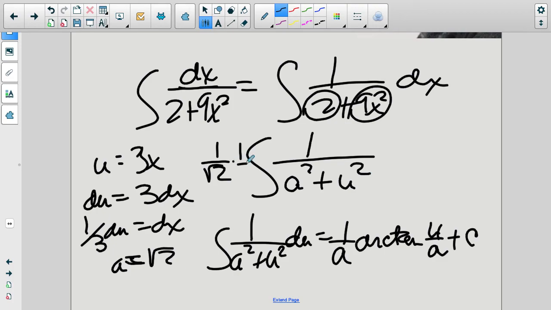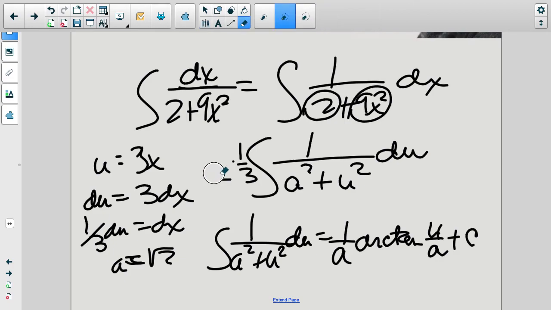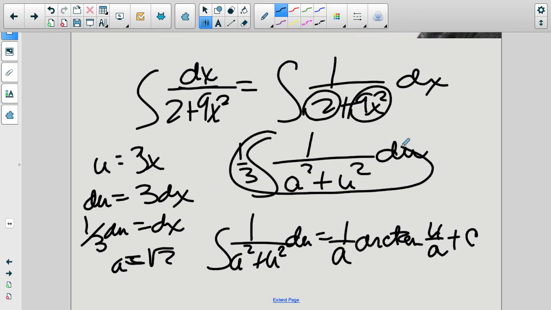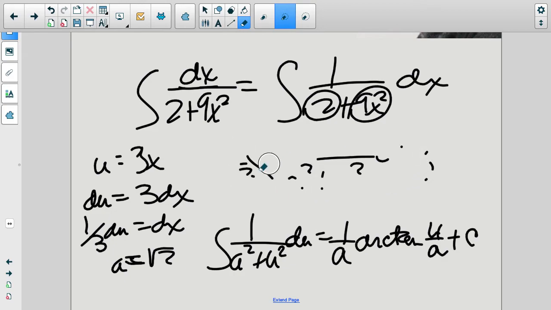So I have this extra 1/3 out here, du. So you gotta be really careful. In fact, I'm gonna take this out right now because it's really not part of the problem. And I did that very poorly, so I'm gonna do it again. I did not explain that well at all.